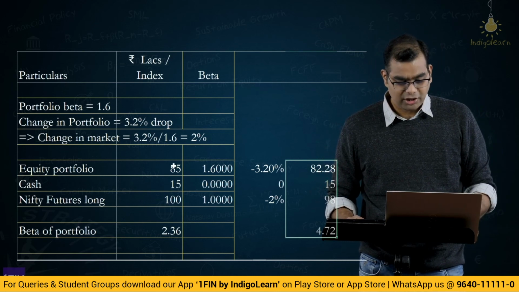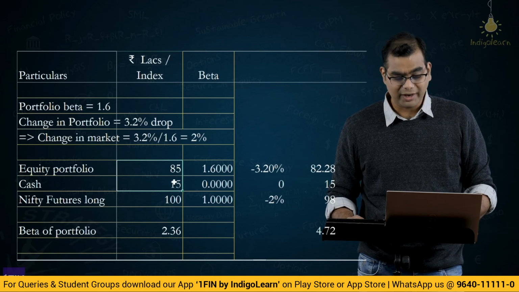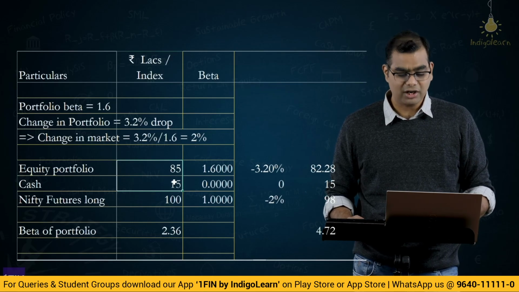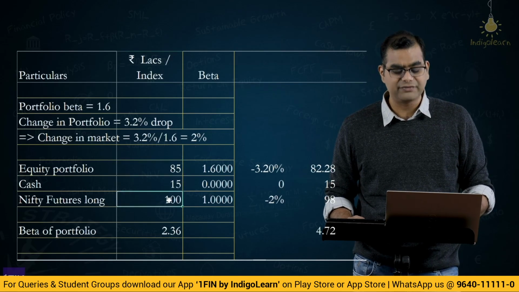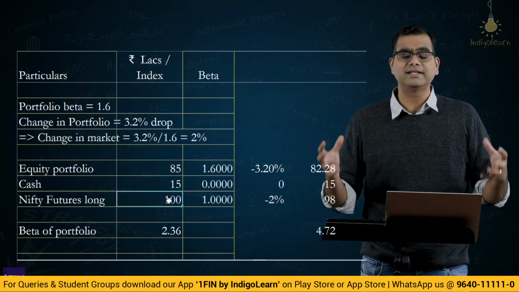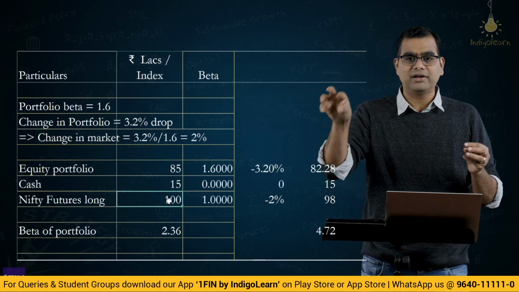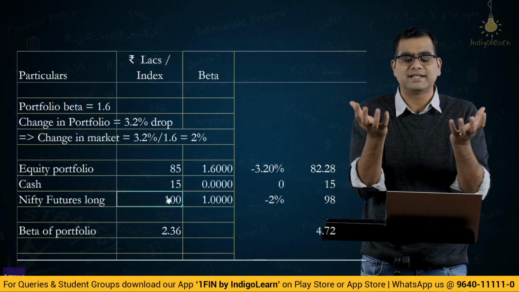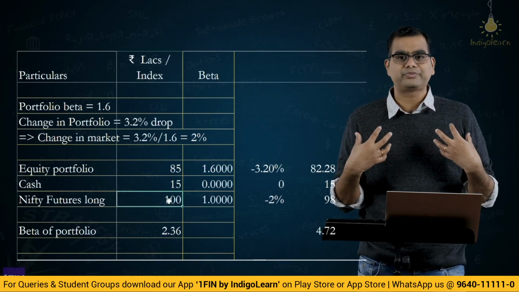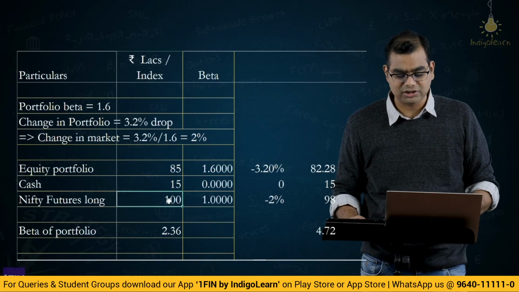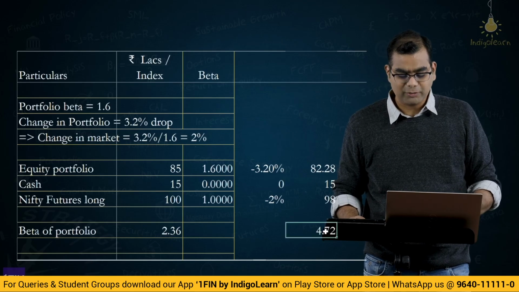On a portfolio of 100, why 100 only? 85 stock plus 15 cash. This additional Nifty futures 100 is a derivative contract. That is, the contract returns are part of the portfolio. There is no underlying asset for it which you have. Right. So it goes in the numerator, does not go in the denominator. So 4.72 is the loss.